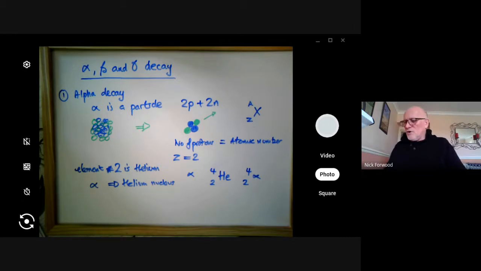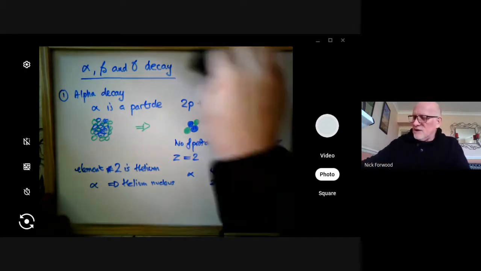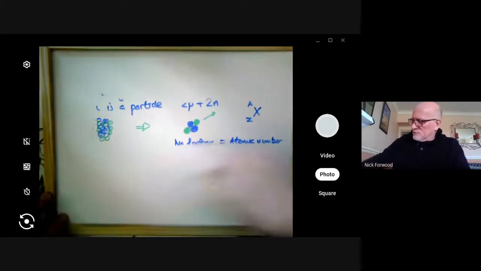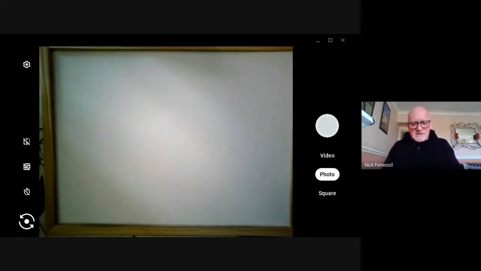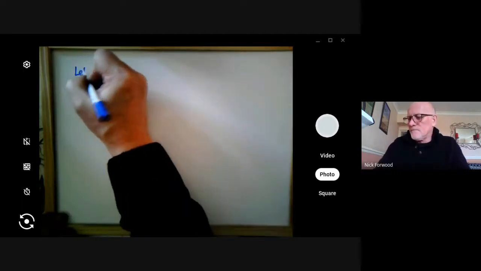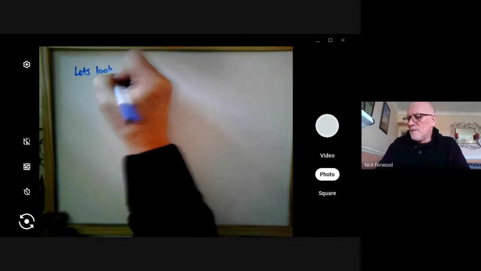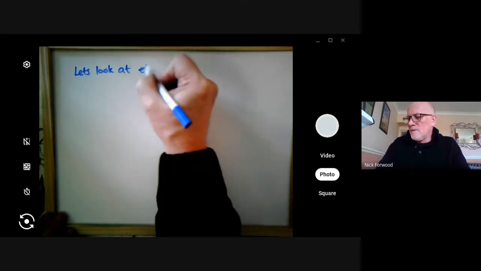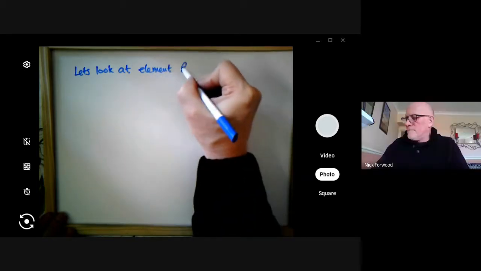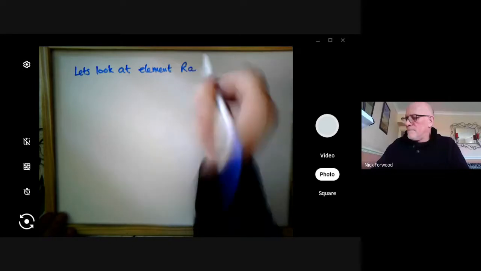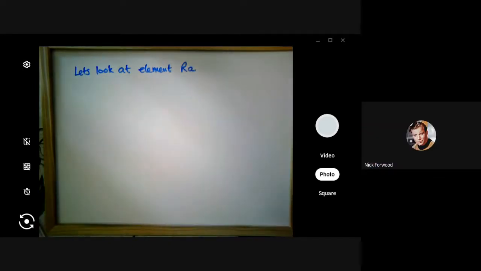Right, so moving on with alpha decay. This is still alpha decay. I'm going to do it on the next board. Okay, let's have a look at an element, radium. You can look it up in the periodic table, and it is element number 88.